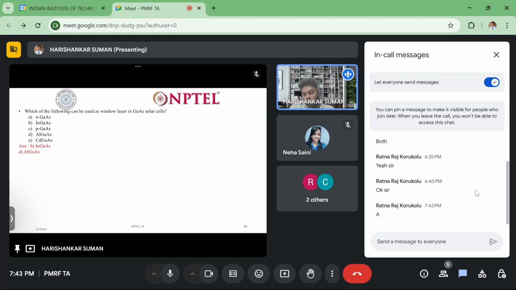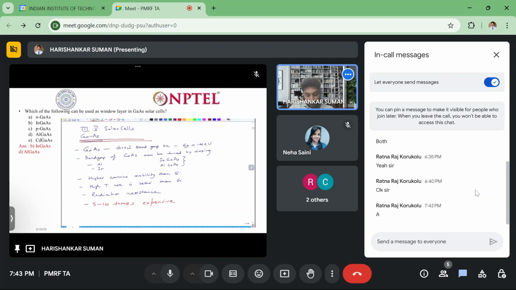So answer is In, Al and Ni with gallium arsenide can be used as a window layer.